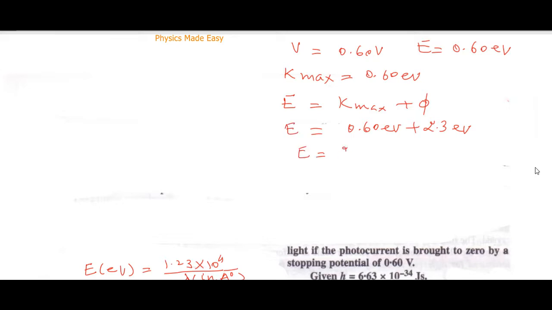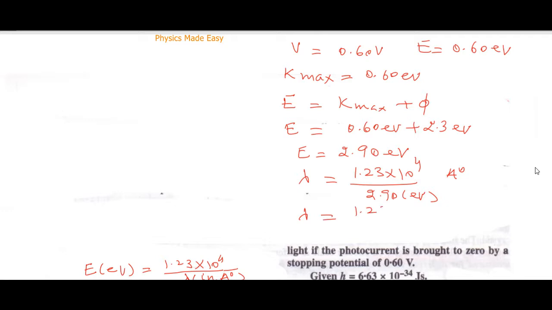So E is 2.90 electron volt. From here we can calculate lambda. If he has asked us lambda, it is very easy to calculate. Lambda is 1.23 into 10 raised to power 4 divided by 2.90 electron volt, and we will get this in terms of angstrom.